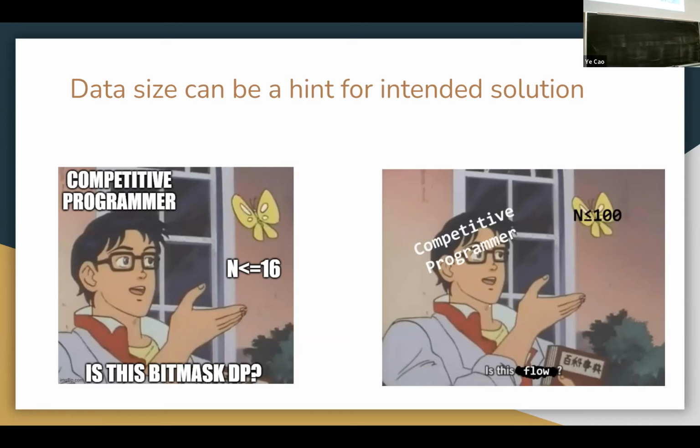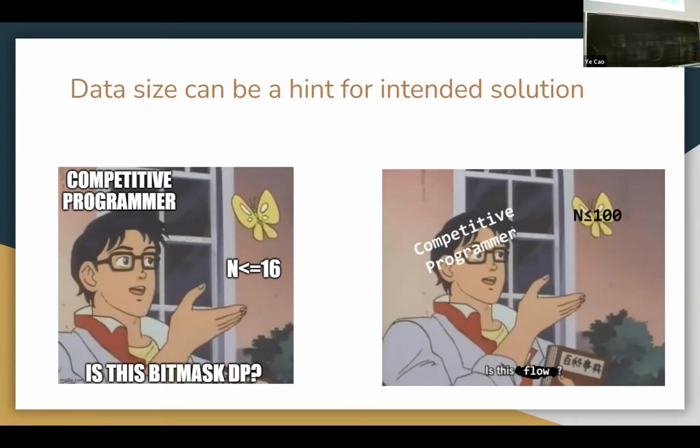But for a seasoned competitive programmer, it screams something exponential, right? Because if the problem is polynomially solvable, they'll probably give you a much larger data set. The only reason they're going to have such a small n is they have something exponential in mind.